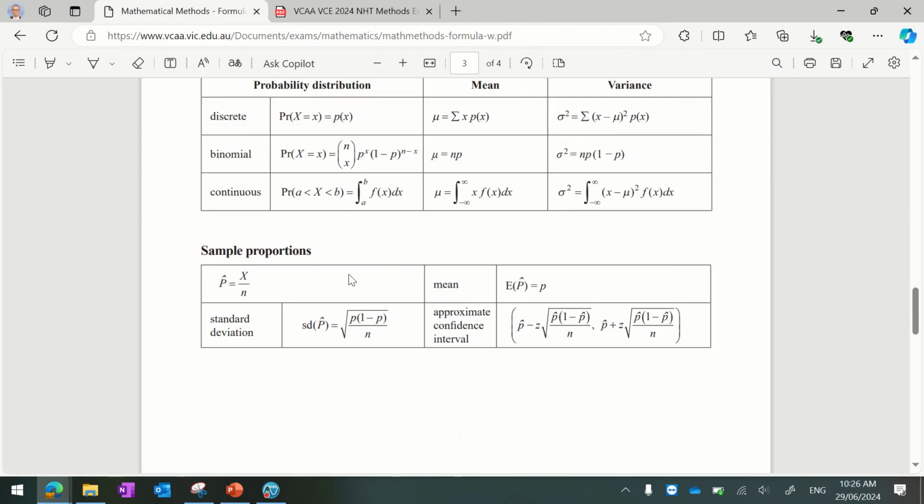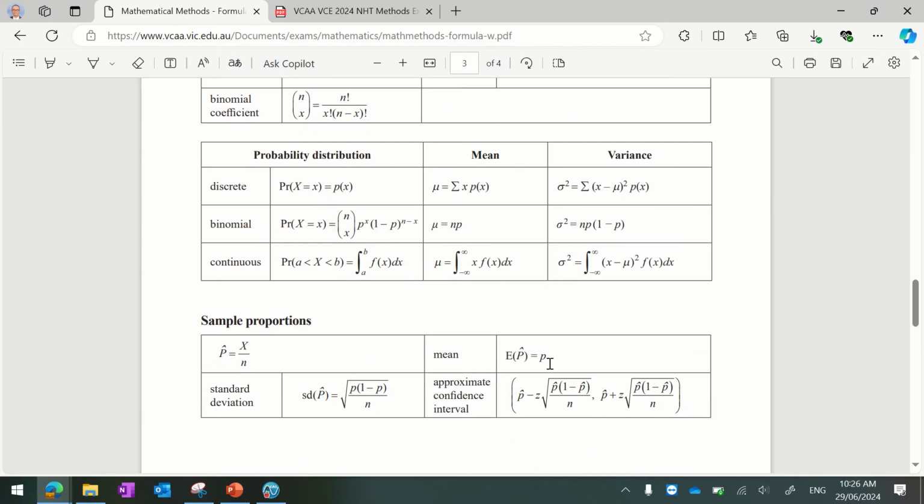And so the formula sheet at the end has a lot of stuff for sample proportion. One of them is the mean of p hat, which is just p. P is the proportion of the population, the true population statistic.